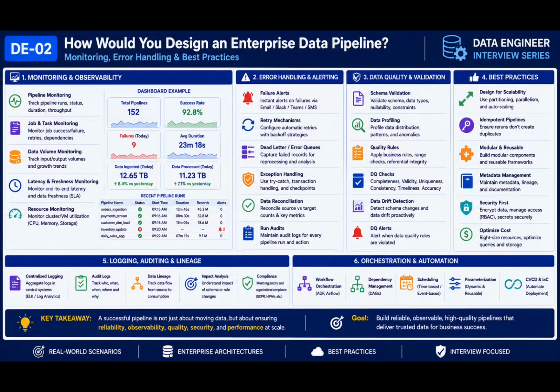Data quality is validated through schema validation, data profiling, business rule checks, duplicate detection, and data drift monitoring.